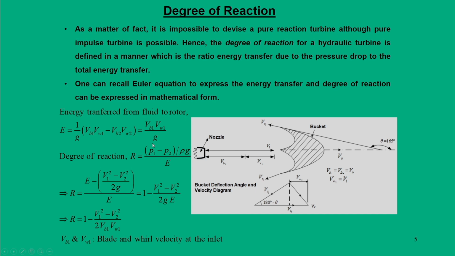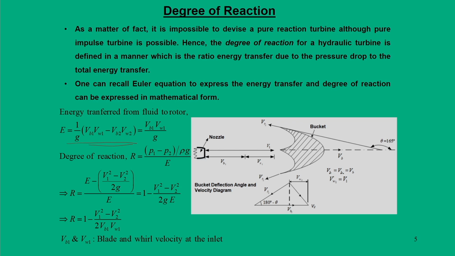Now, to be more precise about calculating the degree of reaction, from Euler's equation, which we derived in the last class, the energy transfer from fluid to rotor is equal to 1 by g into (V_B1 V_W1 minus V_B2 V_W2).